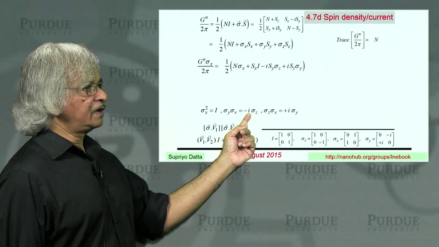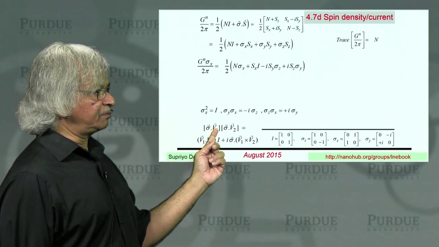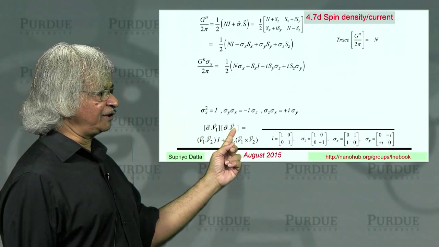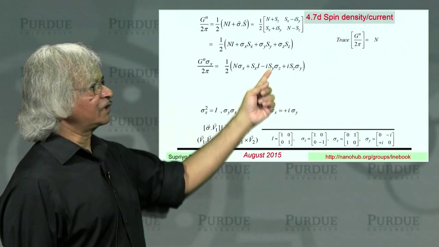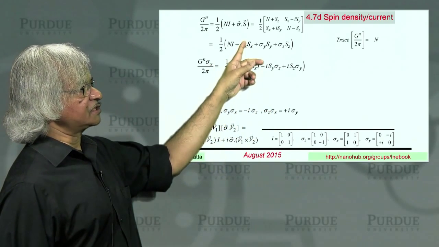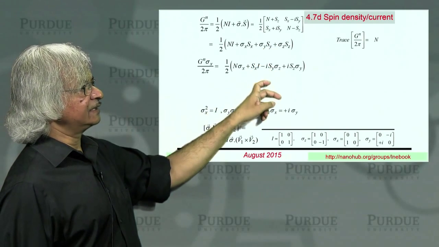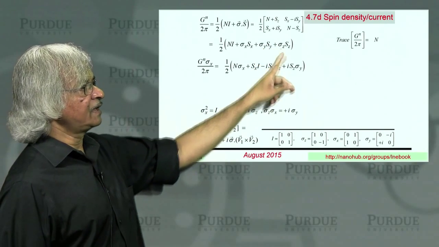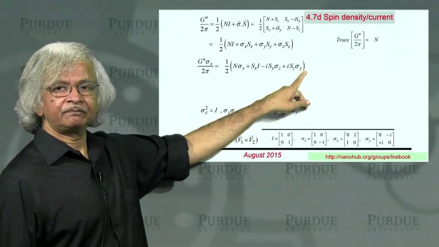And if you look at sigma z sigma x, that would be like putting a unit z vector here, unit x vector there, and then you'll get plus i sigma y. And that's what I've used here. You see, I'm multiplying by sigma x, so I got sigma x squared, that's I, sigma y sigma x, that's minus i sigma z, and then sigma z sigma x, that's plus i sigma y.